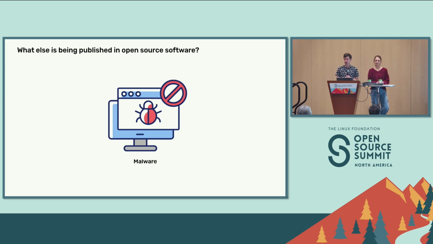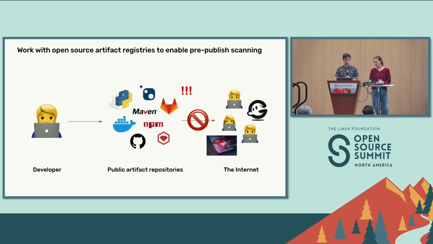Also, while we're of course very excited about discovering and reporting a bunch of leaked credentials, we'd like to also demonstrate the potential of the pipeline that we've created for scanning our corpus of open source software. One of the areas that we'd love to expand into is scanning artifacts for things like malware. One of our other goals this year is to work with open source artifact registries to enable pre-published scanning.